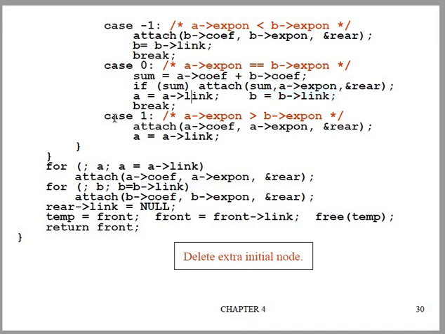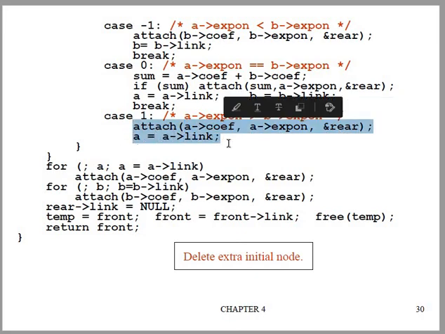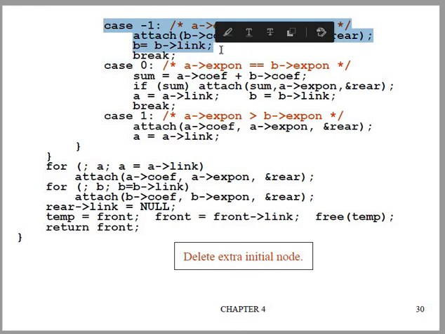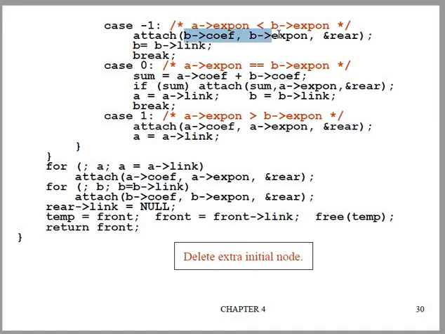Otherwise, if the a polynomial exponent is greater than the b polynomial exponent, then we will attach the a polynomial coefficient and exponent to the resultant polynomial, then make a point to the next term. Otherwise, if the b polynomial exponent is greater than the a polynomial exponent, the b polynomial coefficient and exponent will be attached to the destination polynomial, and we will make the pointer point to the next term in the b polynomial. We will keep on doing this as long as terms exist.